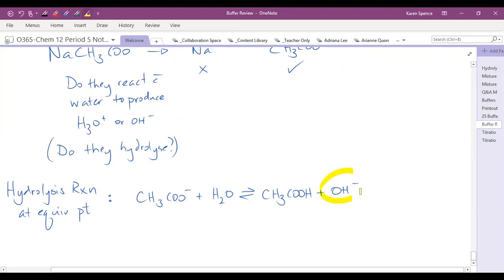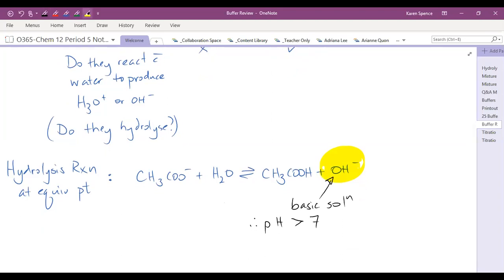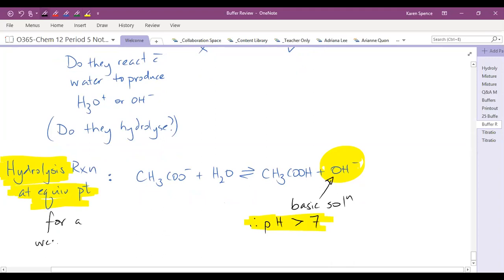We have produced hydroxide ions. And hydroxide ions means that this is going to be a basic solution, which means the pH is going to be greater than 7. So hydrolysis is the reason that we have a pH greater than 7 at the equivalence point for a weak acid, strong base titration.